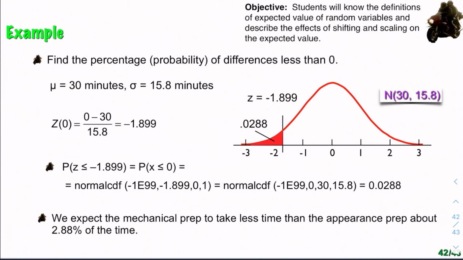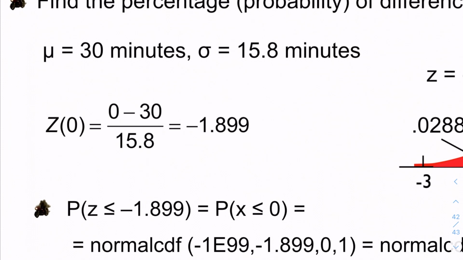Well, there are two ways of thinking about this. You can say the z-score of getting lower than 0. I want the difference to be negative, so I want the difference, or the z-score, to be at 0.